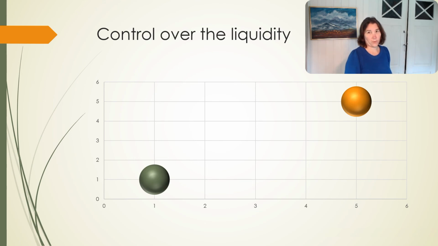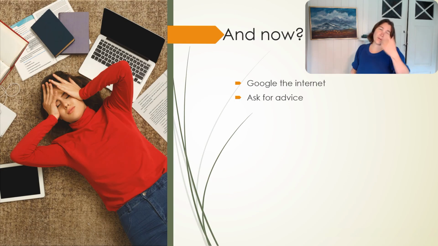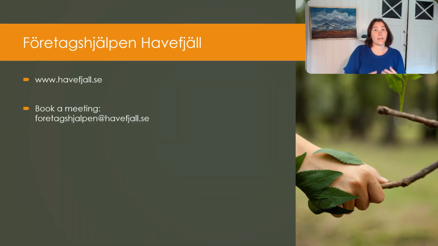So what do we do now? Well, of course, you can start Googling the internet and see what others think, and ask somebody for advice. Of course, you can always ask me for advice, and you can book a meeting by sending me an email. You're typing down företagshjälpen@havefjall.se, and you can book a meeting and we can discuss what would be the best for you.